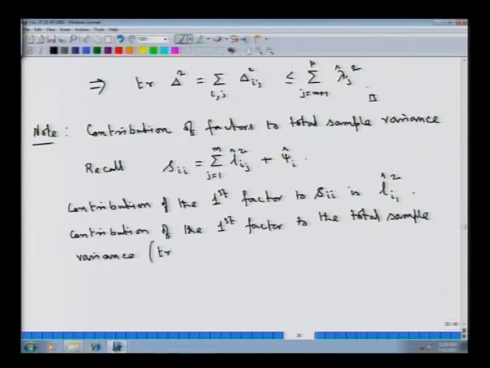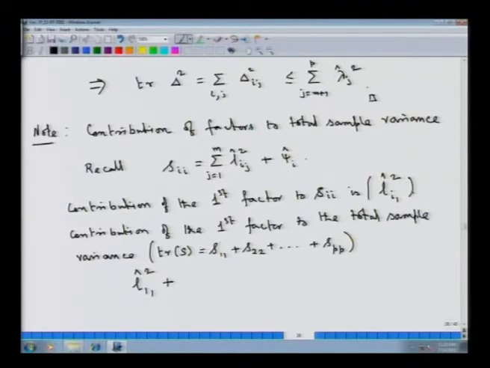Total sample variance is the trace of the S matrix, which is equal to S11 plus S22 plus up to Spp. This is a p dimensional random vector that we are considering. So, the contribution of the first factor to the total sample variance would be from these expressions. So, we will have that contribution to be equal to L11 hat square. This is the contribution of the first factor in S11.